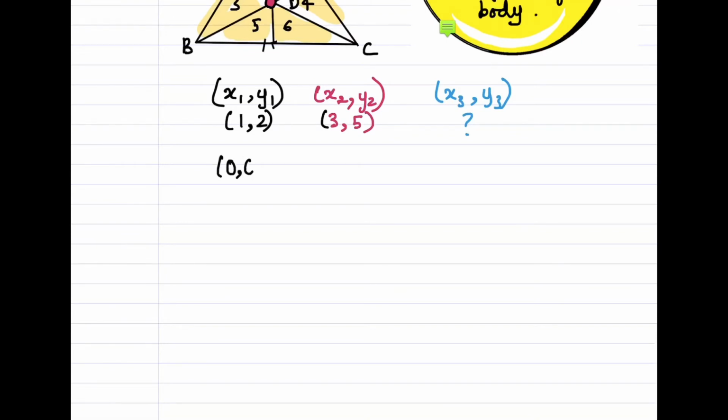(0, 0), because the centroid is at the origin, and we take the average of the coordinates, that is the average of the vertices.